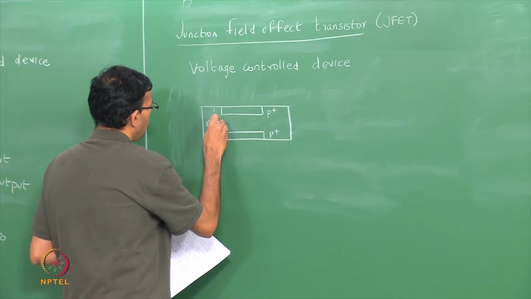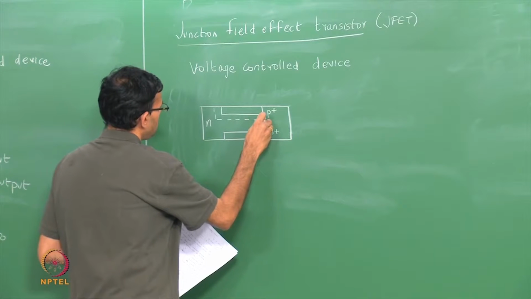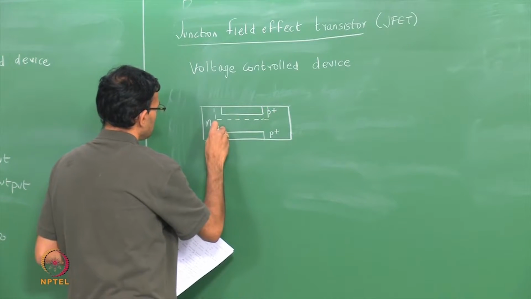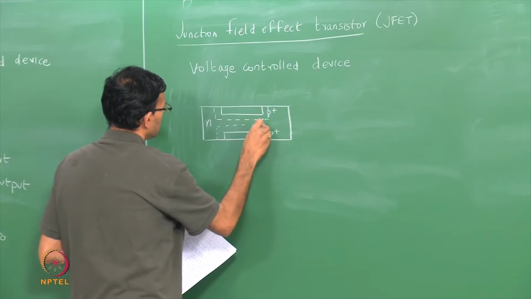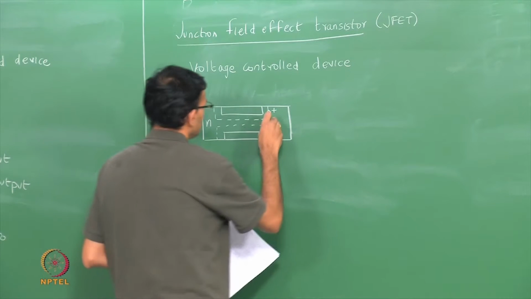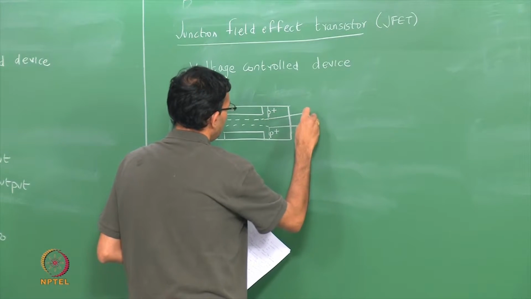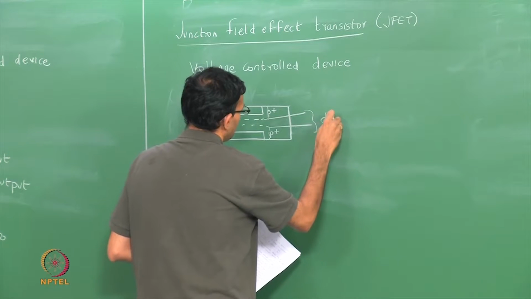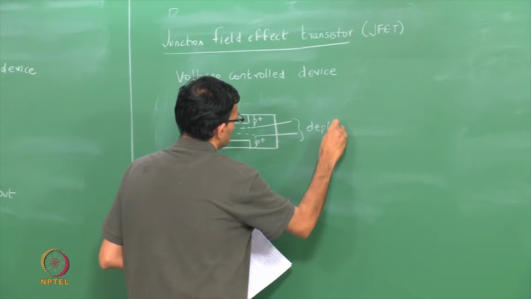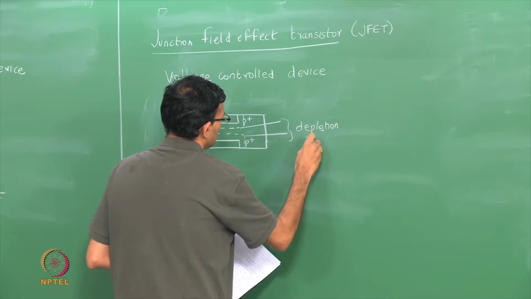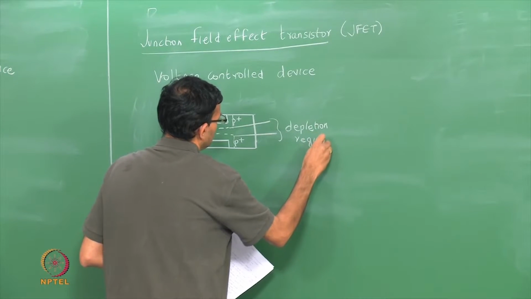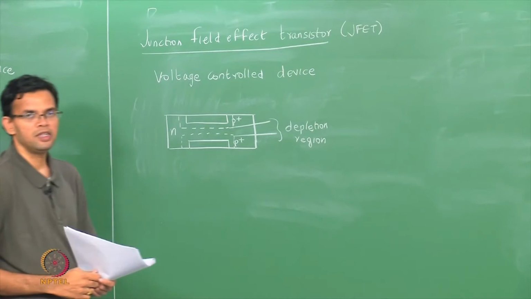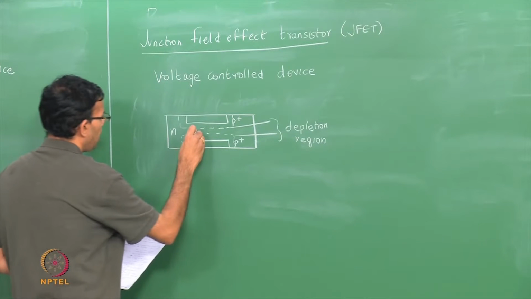So, if I were to draw my depletion region, the dotted line represents the depletion region, and between the depletion region you have an n channel.